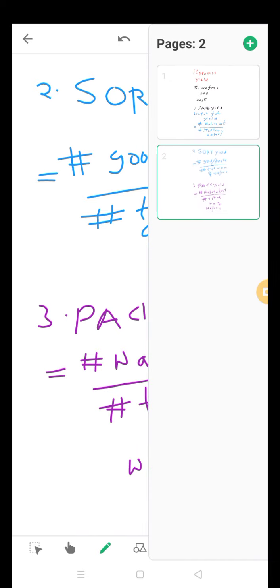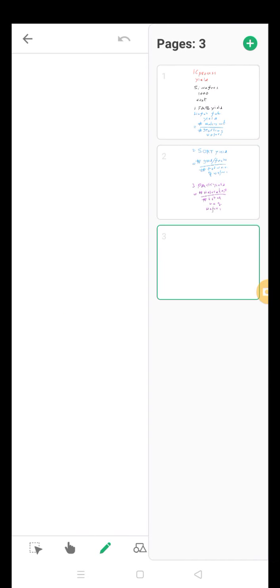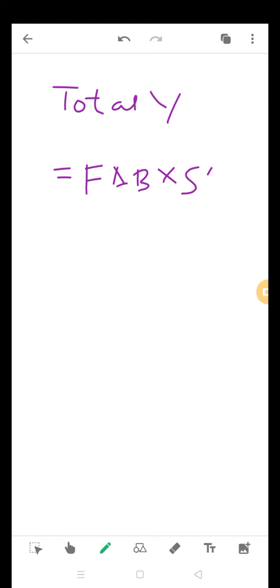Okay, so the total yield is actually a product of these three, that is the fab yield into the sort yield into the pack yield.